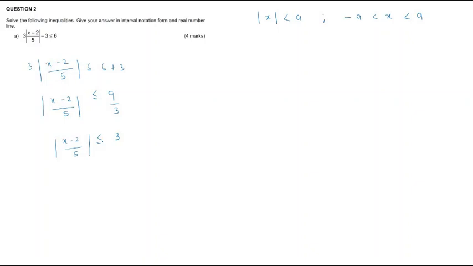Okay. Now we have similar with the theorem. Only modulus on the left less equal 3. Modulus x less than a, then solution negative a less than x less than a. So, by applying this theorem, what we get is negative 3 less equal x minus 2 over 5 less equal positive 3.